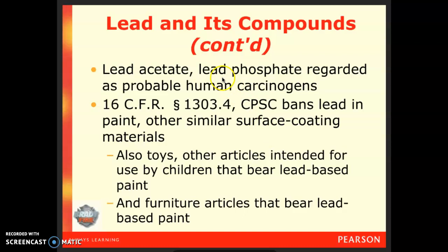Unfortunately, we've seen stories in the past 10 years or so where toys and other consumer goods coming from other countries have been found to have lead-based paints in them. And those are obviously illegal in the United States.